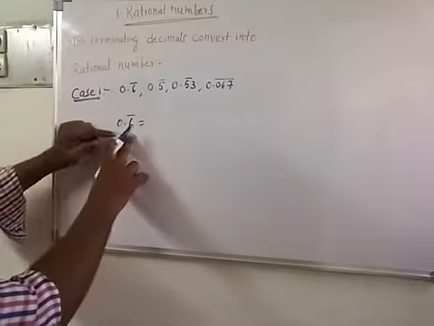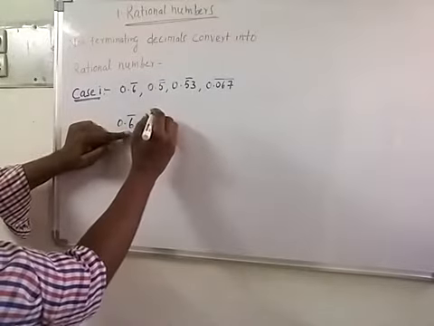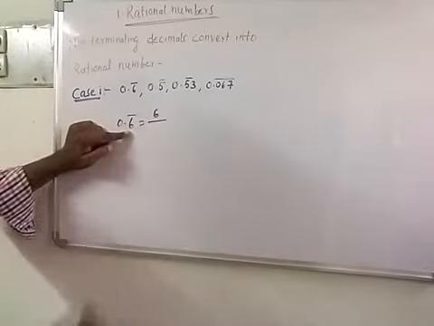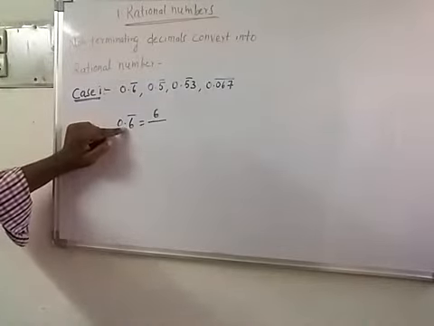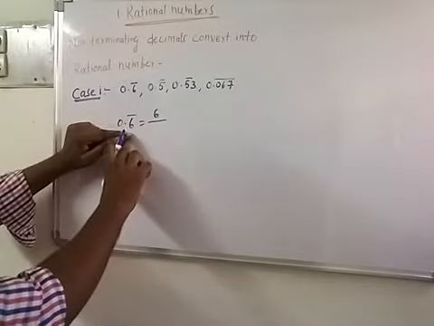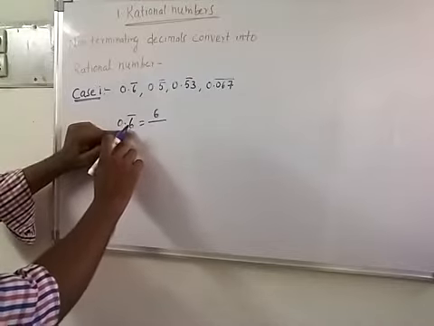So here in 0.6 bar, how many figures are repeated? Only one figure is repeated, that is 6. We write it in the numerator, divided by as many nines as the repeated numbers after the decimal point.